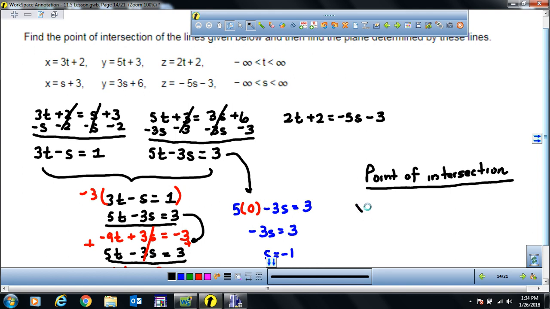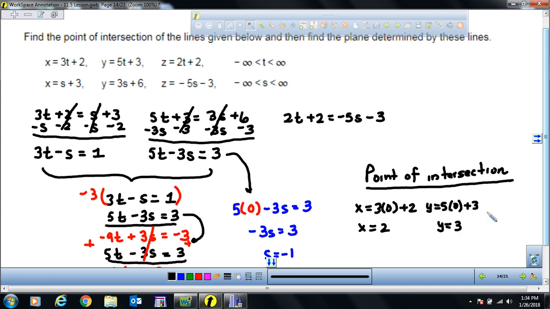For x, if I replace the t with 0, that would be 3 times 0 plus 2, so x equals 2. If I replace the t with 0 on the y, it would be 5 times 0 plus 3, so y equals 3. And if I replace t equals 0 on the z, z equals 2 times 0 plus 2, so z equals positive 2.